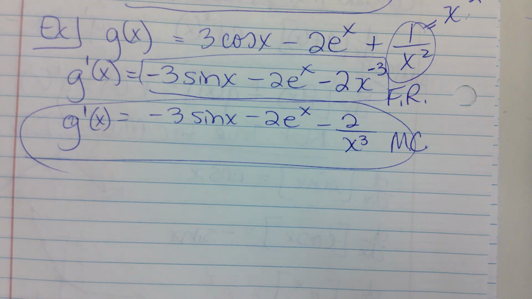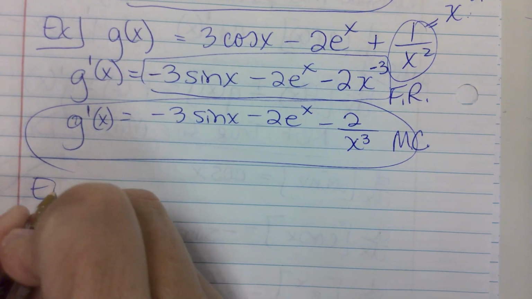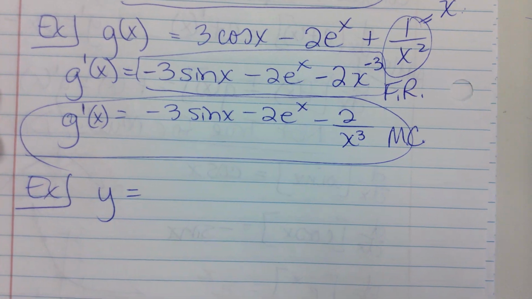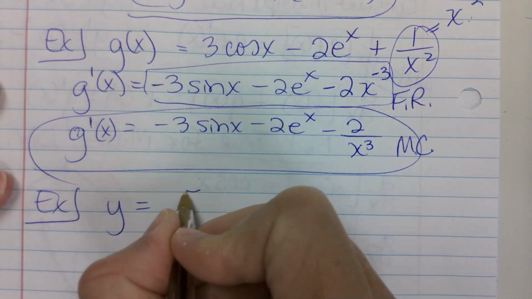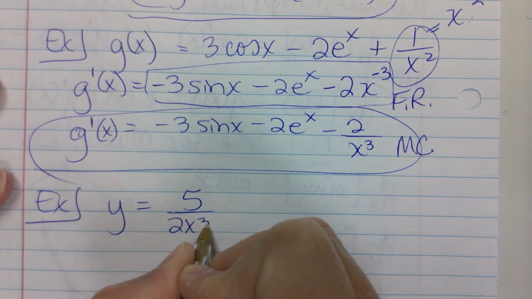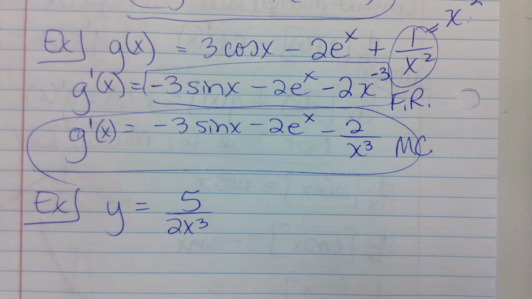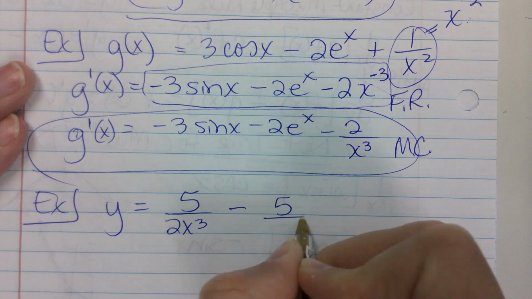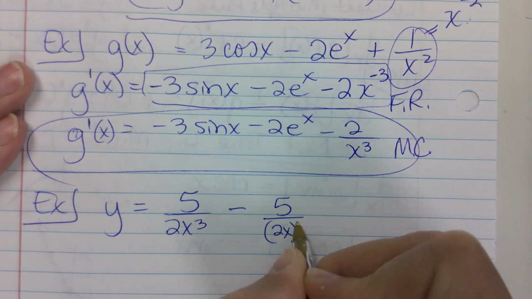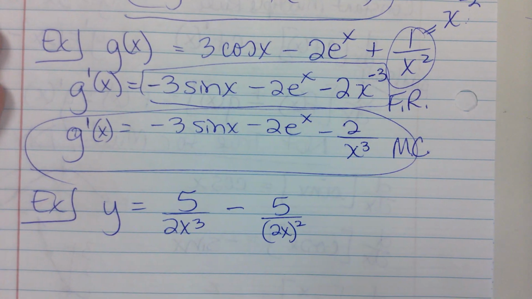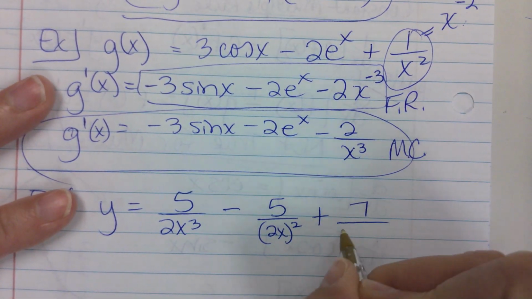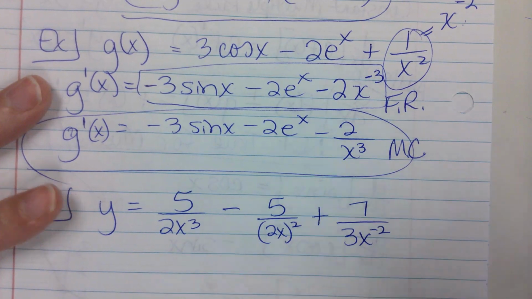I got a few more just for the nuances. I'm just gonna put them all down here. 5 over 2x cubed, minus 5 over 2x squared, plus 7 over 3x to the negative 2 down there.